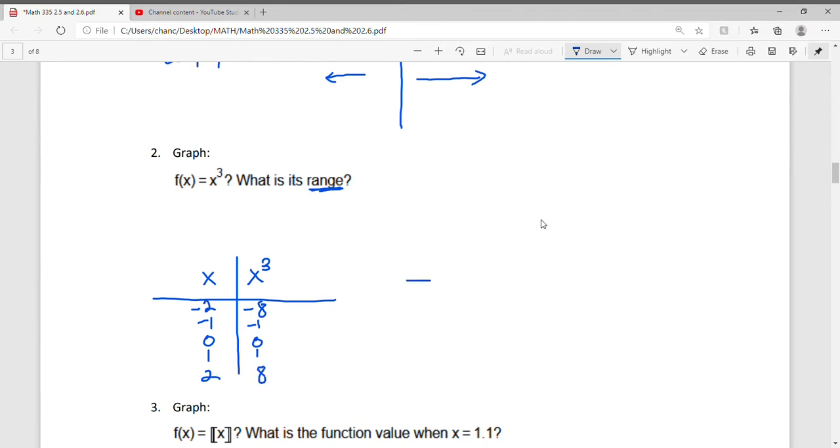This graph will look slightly different. We're going to have an S-shaped graph. We have (-2, -8), (-1, -1), (0, 0), (1, 1), and (2, 8).